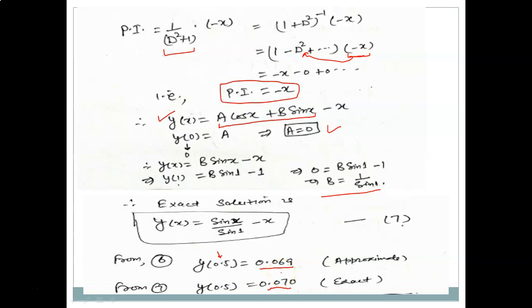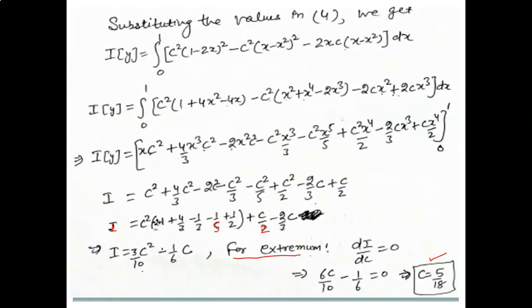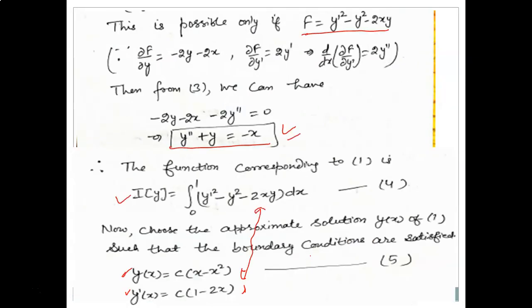Now the natural question that can come to mind is, if there is a wider variation between the approximate solution and the exact solution, then what should we do? In that case we should increase the number of constants in the approximate solution.